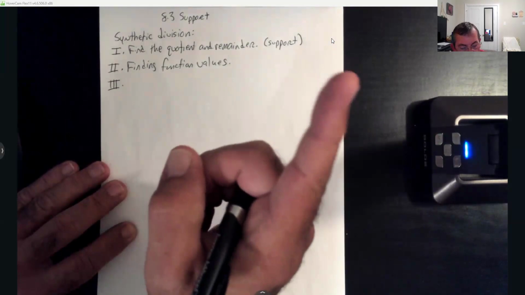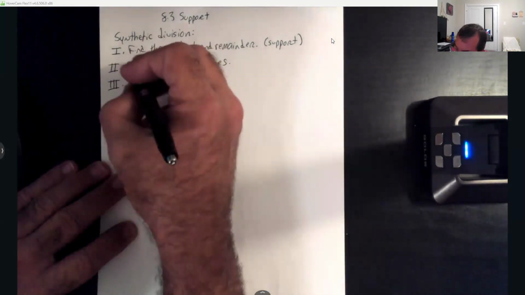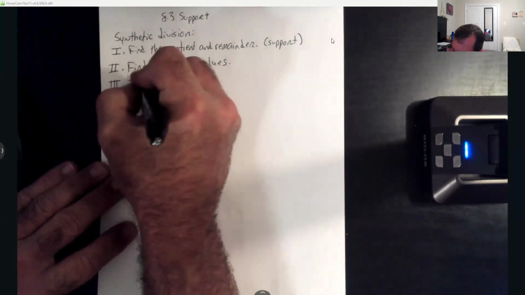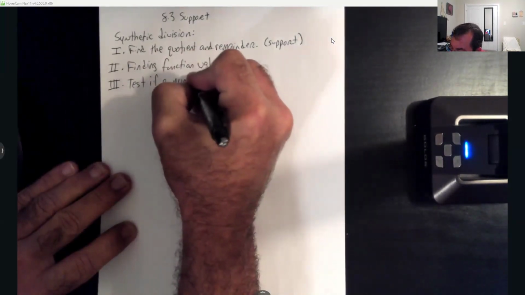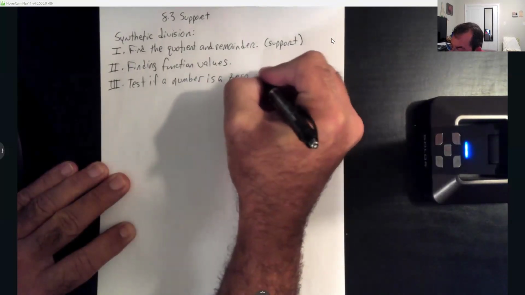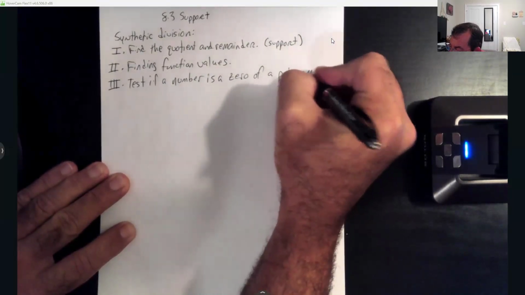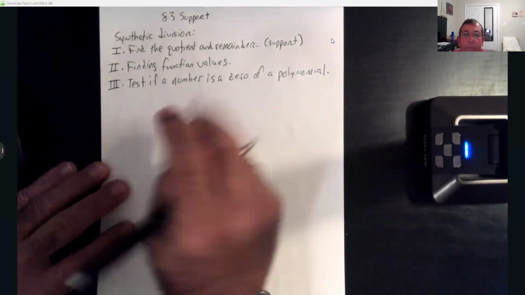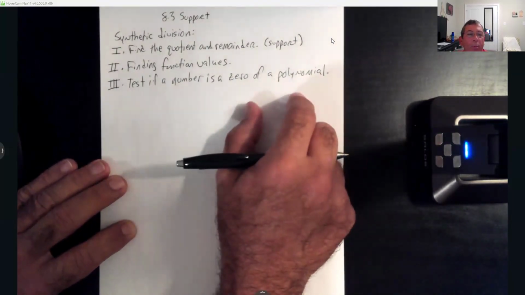And then the third thing I can use it for, I can use synthetic division to test if a number is a zero of a polynomial. So I can check if a number is a zero of a polynomial, okay?